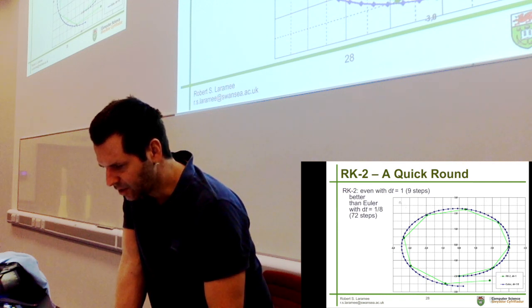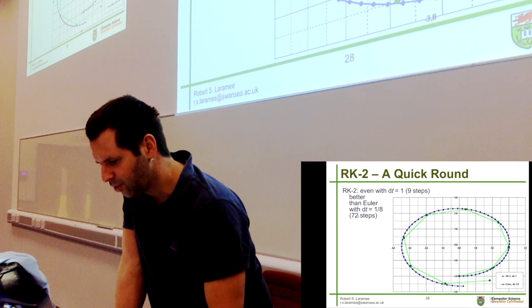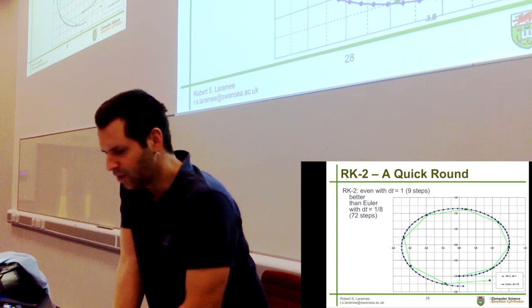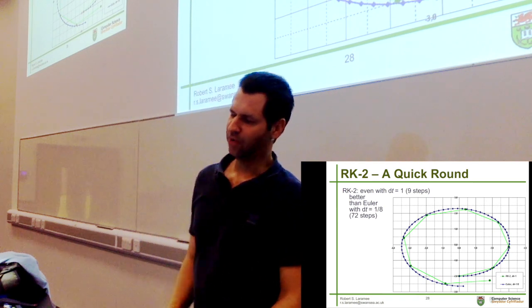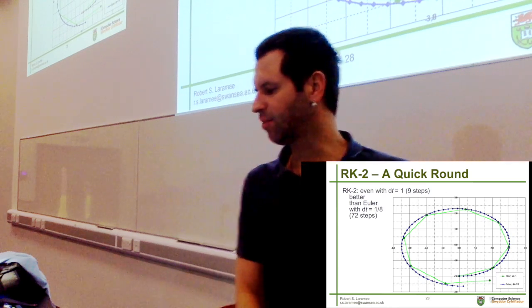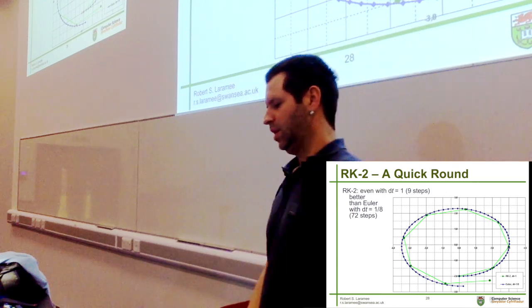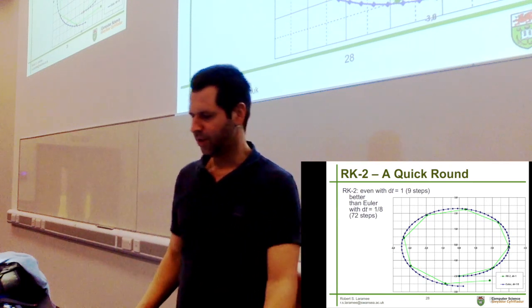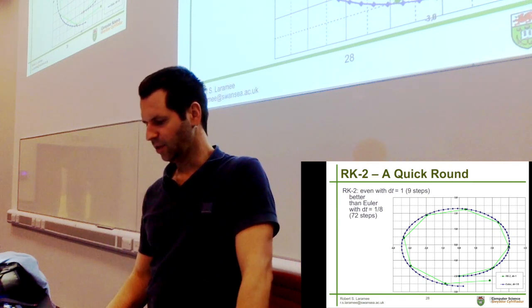So in this case, Runga-Kutta 2 is only computing 9 streamline points. And in this case, it's comparable to an Euler integrator using 72 streamline points. So it's more accurate, it's more costly to compute each streamline point, but sometimes it can be even faster than Euler because of its accuracy.